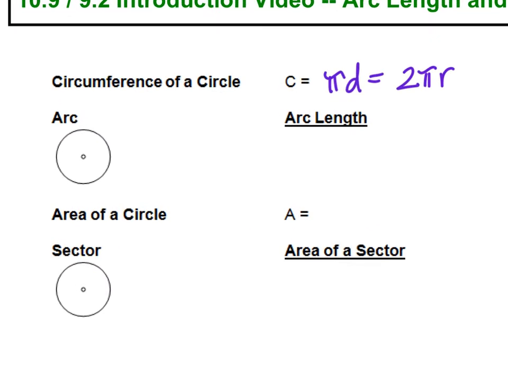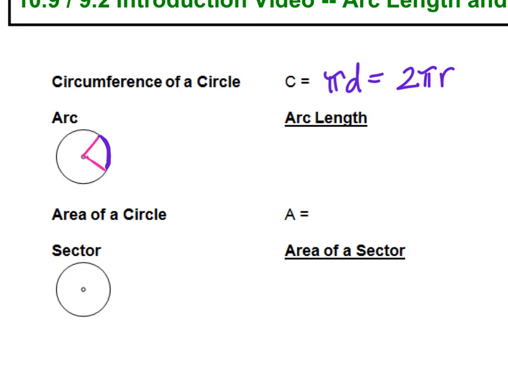Now when we look at an arc, we're used to, okay, here's an arc like this, from here to here. Now what we're going to be saying, instead of the degree measure of that arc, which tells you how much of the full circle it is, like half of that would be 180 degrees versus the whole 360. That's all a degree measurement.